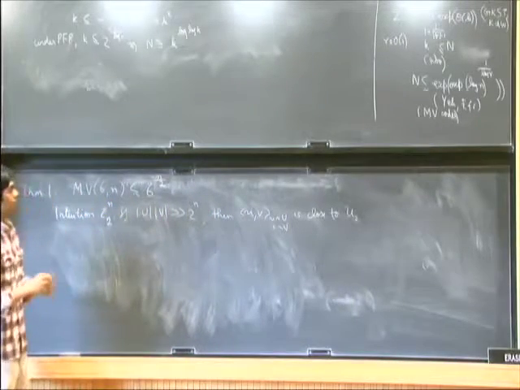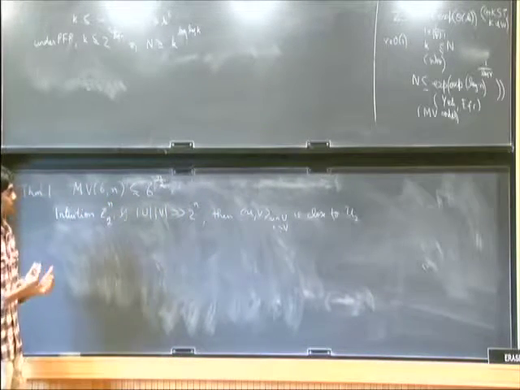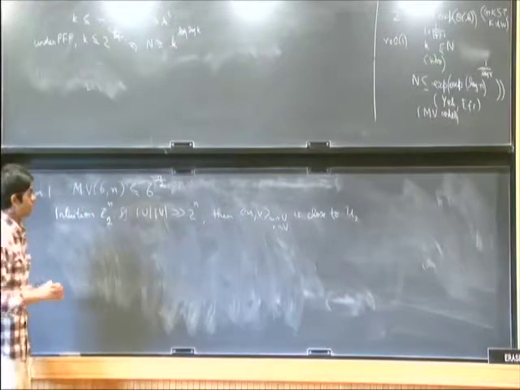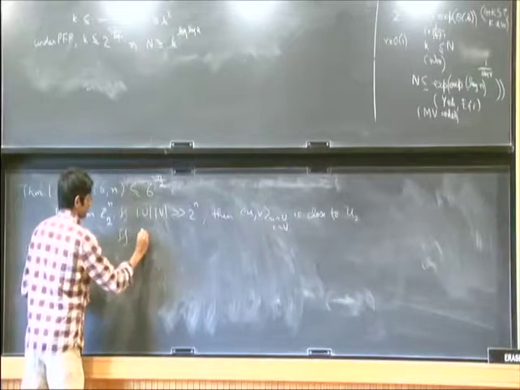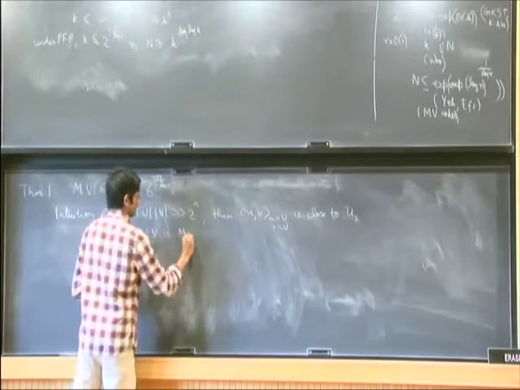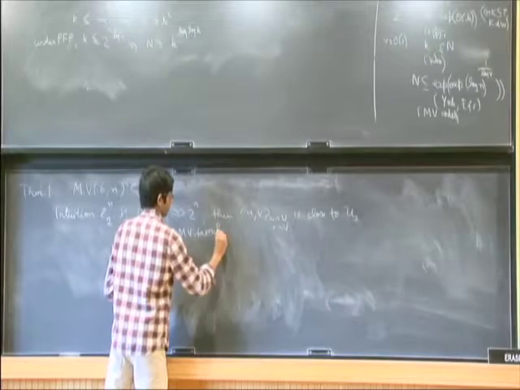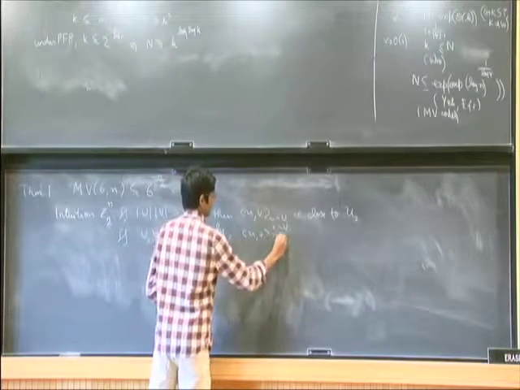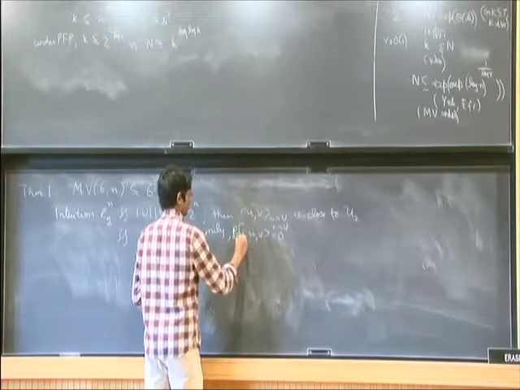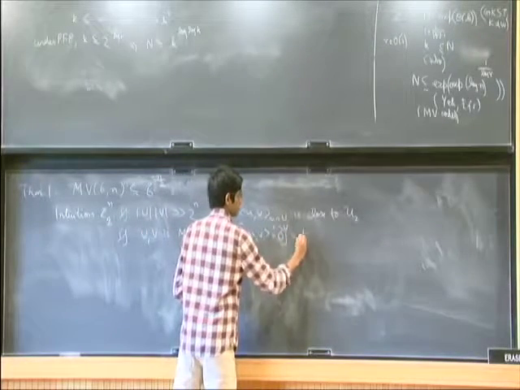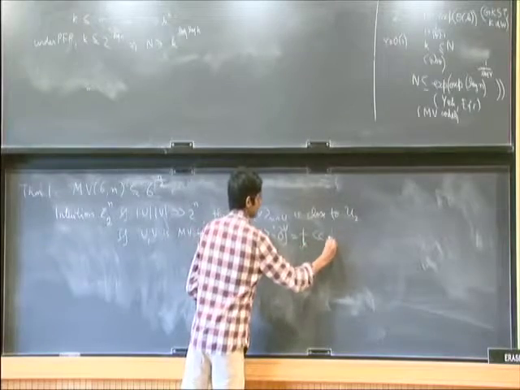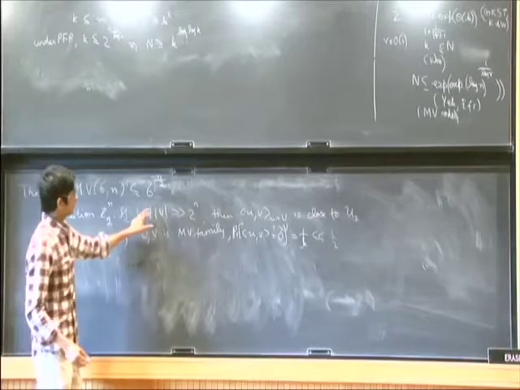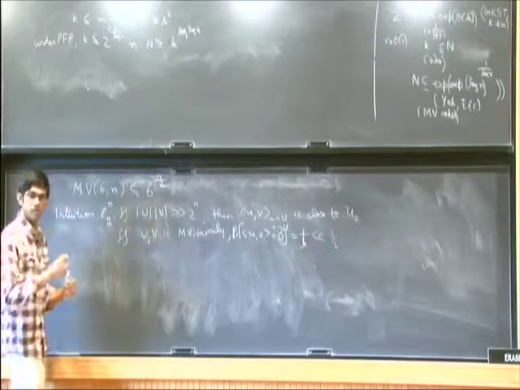But if U and V were matching vector families, then U inner product V would be 0 with very, very low probability. Then it's 1 by k, which is much, much less than 1 by 2, which immediately means that k squared is at most 2 to the n, which means k is at most 2 to the n by 2.